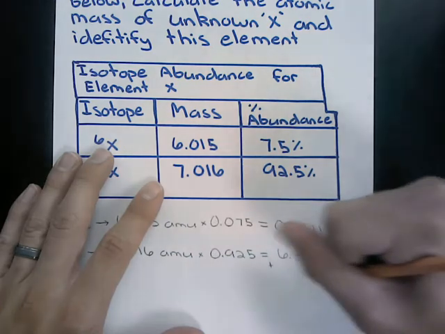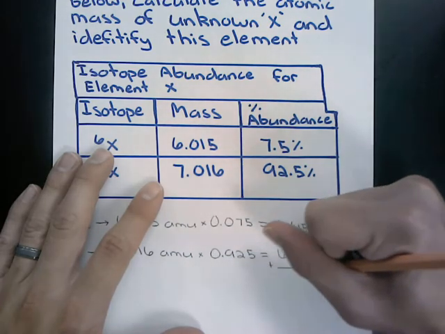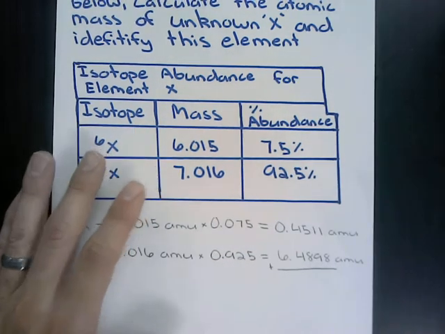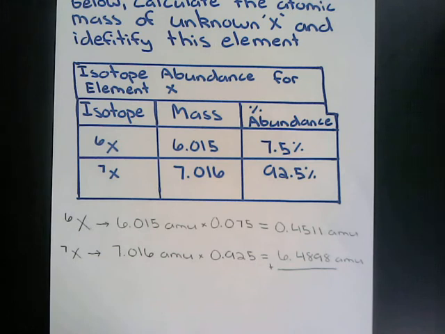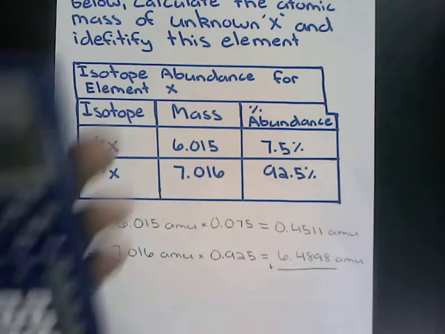Now, what we are going to do here is add these numbers together. So all I'm going to do is take this 0.4511 plus 6.4898, and that becomes my atomic mass of the element that I'm trying to identify.